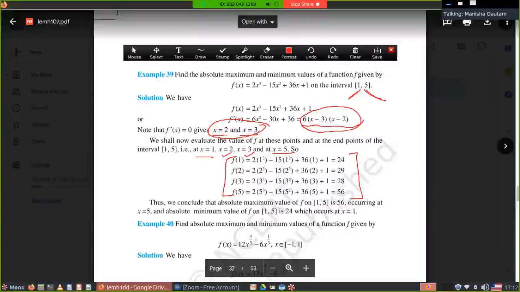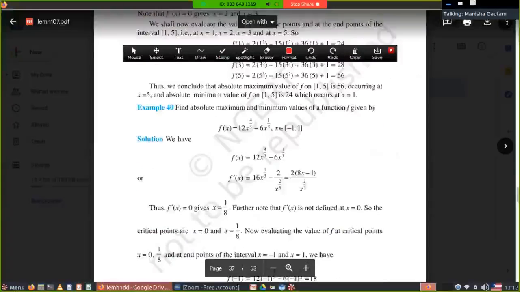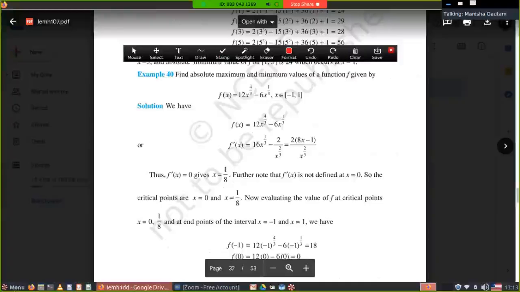One more thing you have to understand here, which is given in example number 40, which is also important. Here, when you get the derivative of the function, you can see the denominator is x to the power 2 by 3. It means x should not be equal to 0.